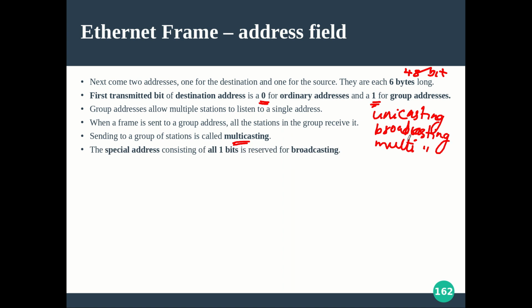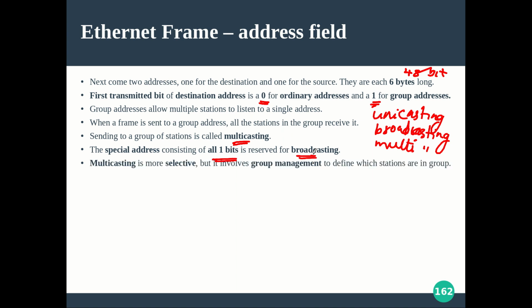that is identified by the multicast group address. So a special address with all one bits, meaning all the 48 bits are 1, indicates broadcasting. It means you are not pointing to a given machine, you are just trying to pass some information to everyone in that particular network.